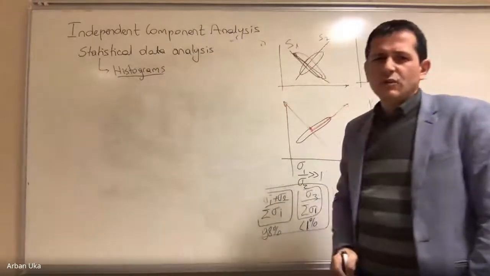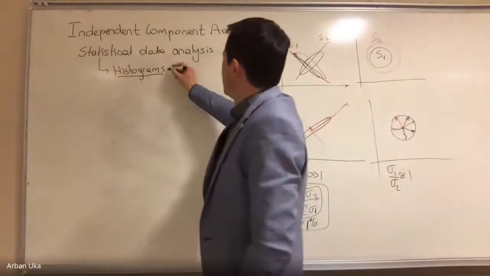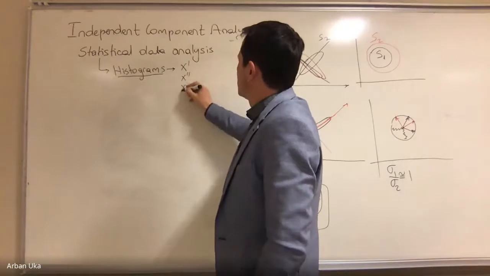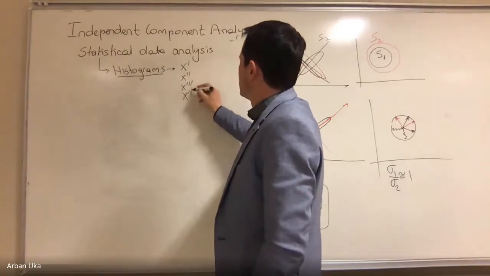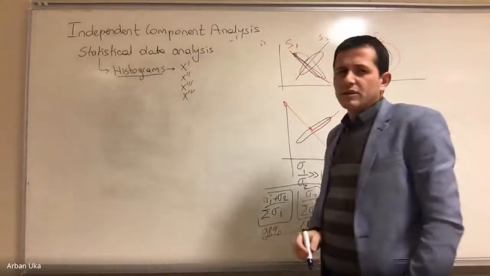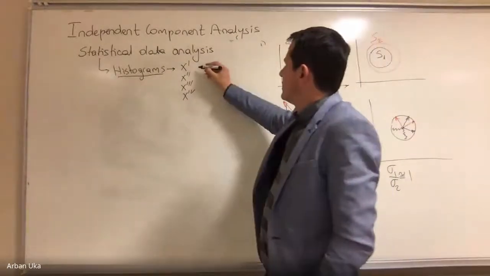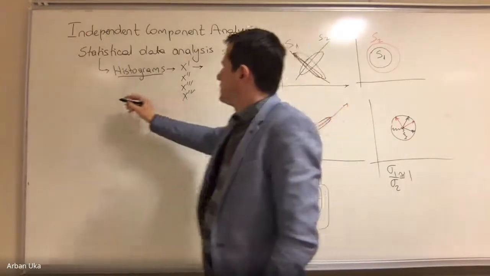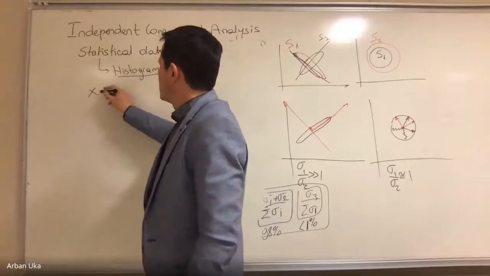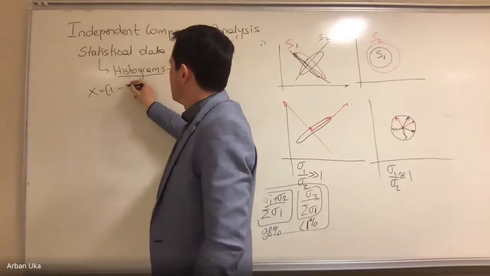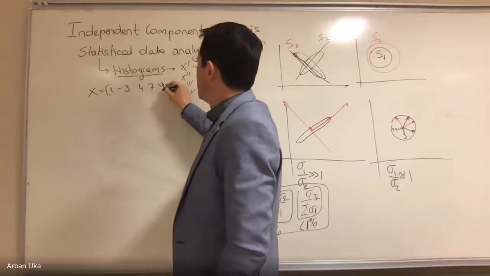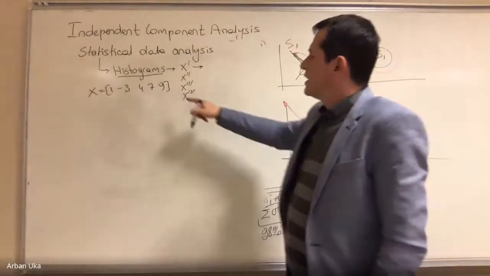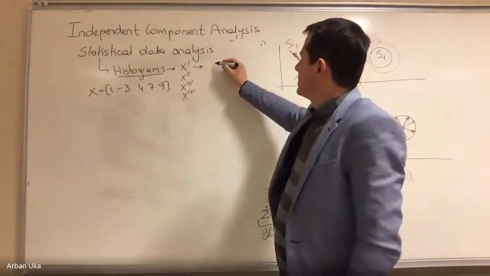And the histograms reveal the first moment, the second moment, the third moment, and the fourth moment. The first moment of a data set we define as the average. If we have a data set where x is equal to 1, -3, 4, 7, 9, then the first moment here is the average of all of these values.